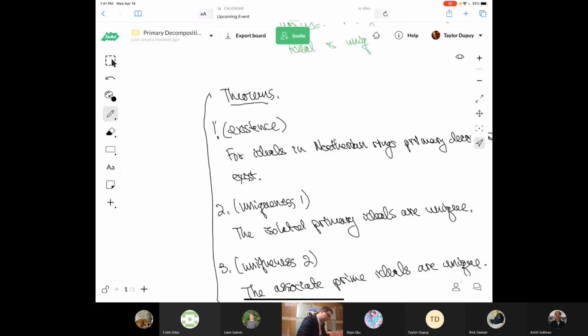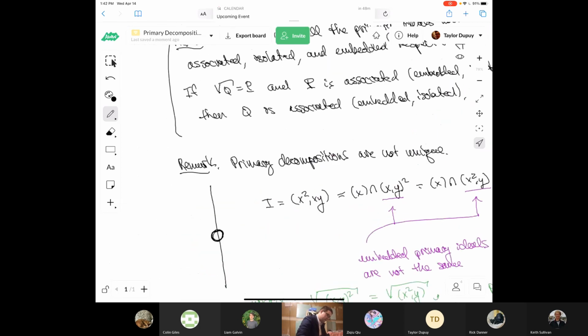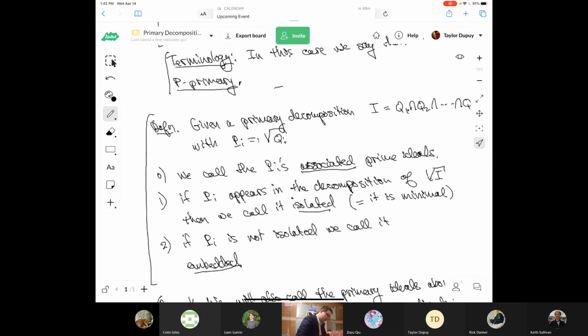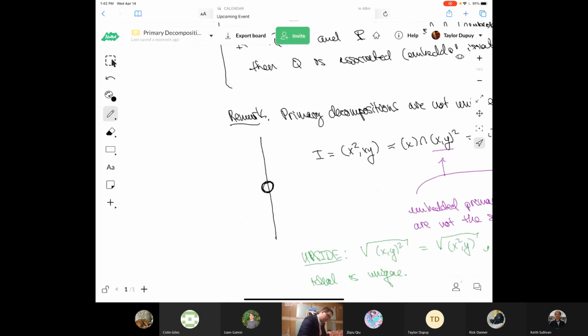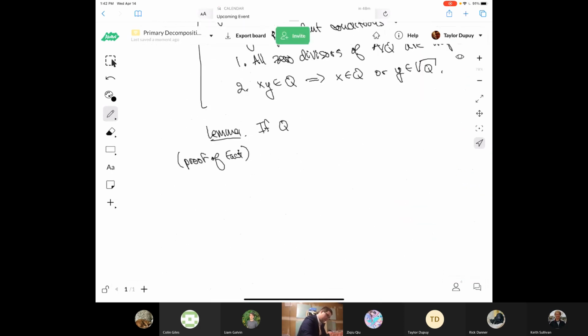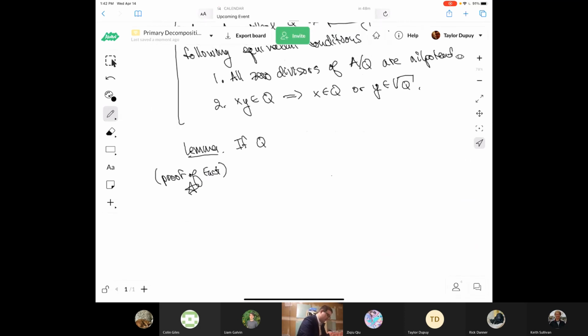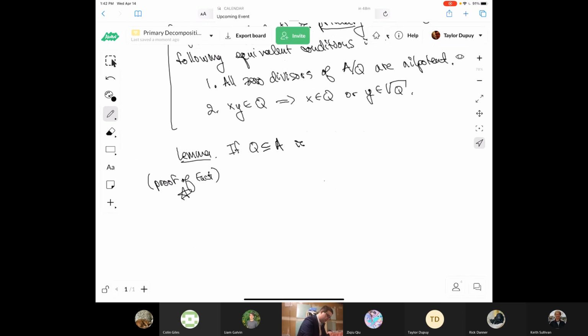Let me see, where did I put that fact? Here. So if Q is primary, then the radical of Q is prime. Okay, so let's do the proof.